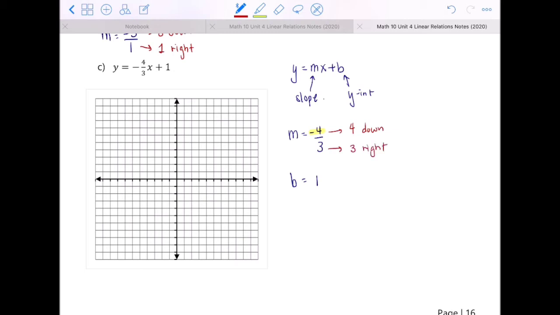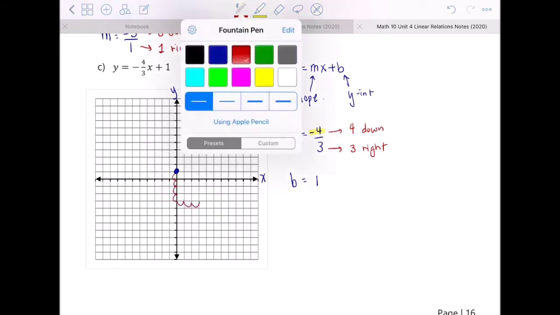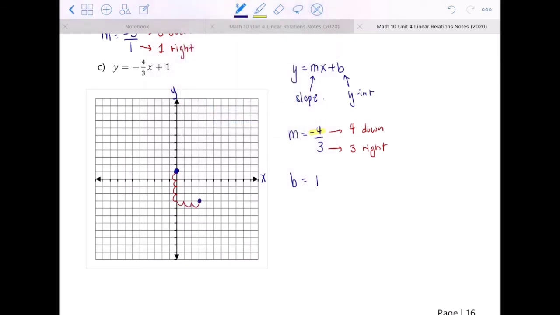Last class we said that we need to find or plot the y-intercept first, so we're going to do that first as well. B equals 1, so this is the y-axis, so right here, this is the y-intercept, and we're going to go 4 down, 1, 2, 3, 4, and then 3 to the right, 1, 2, 3.